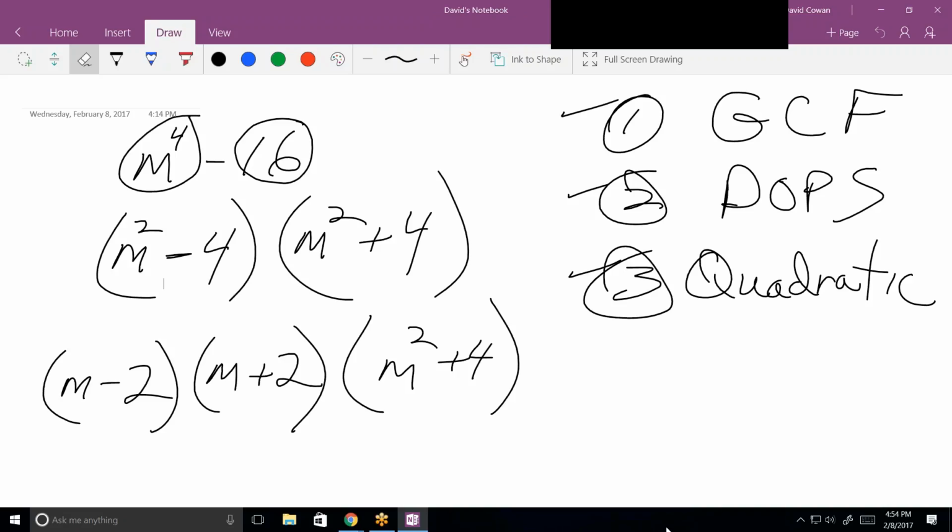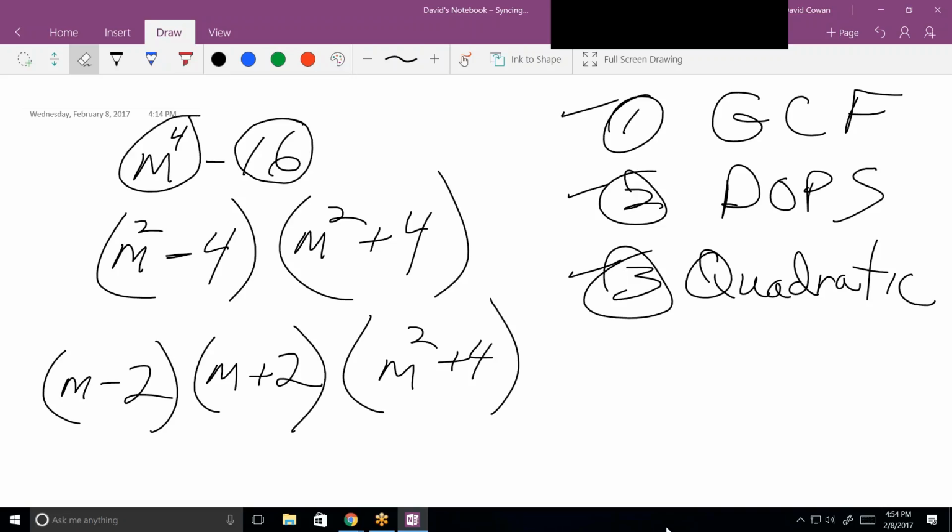If you had sum of perfect cubes, in other words, if you had m cubed plus 8, that actually does factor because m cubed is a perfect cube and 8 is a perfect cube. So it's only the sum of even numbers that does not factor.